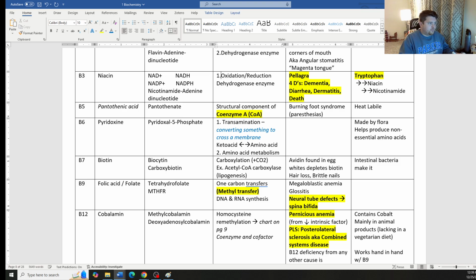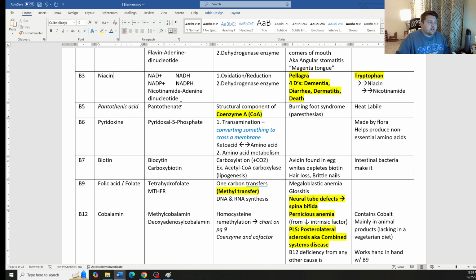Niacin is very similar to riboflavin. It's our NAD, our nicotinamide adenine dinucleotide. The base form being niacin, NAD+, NADH, NADPH, NADP+.